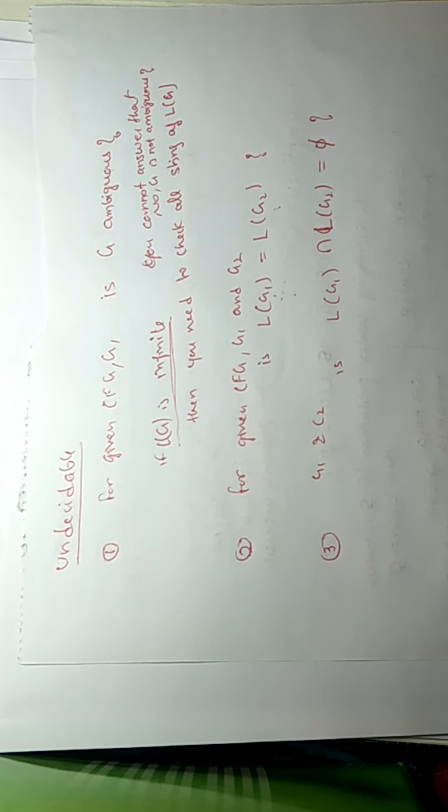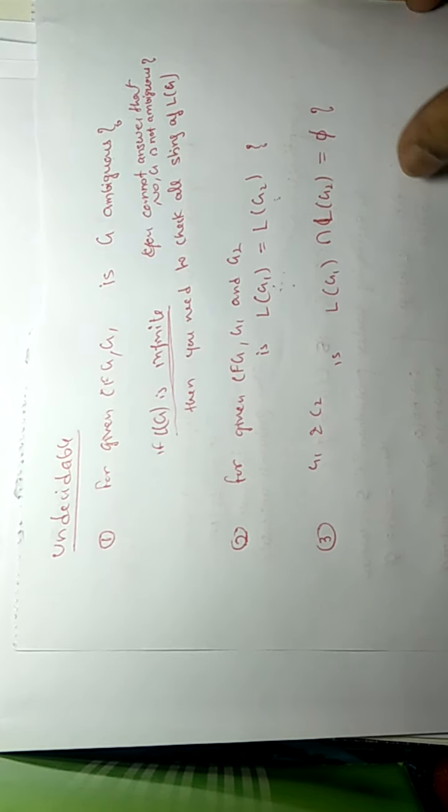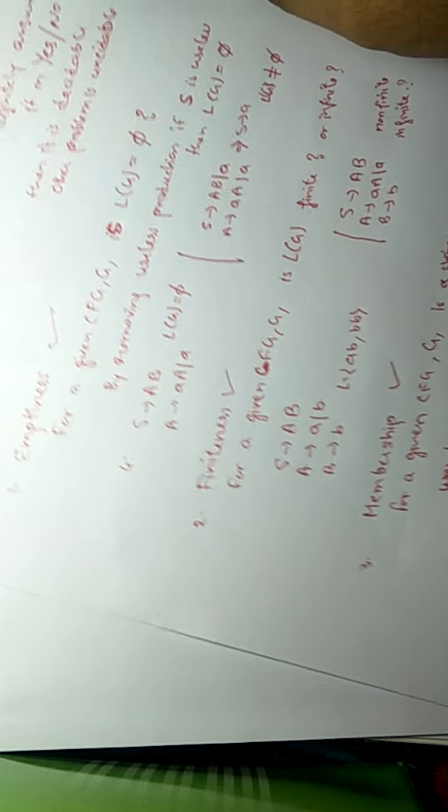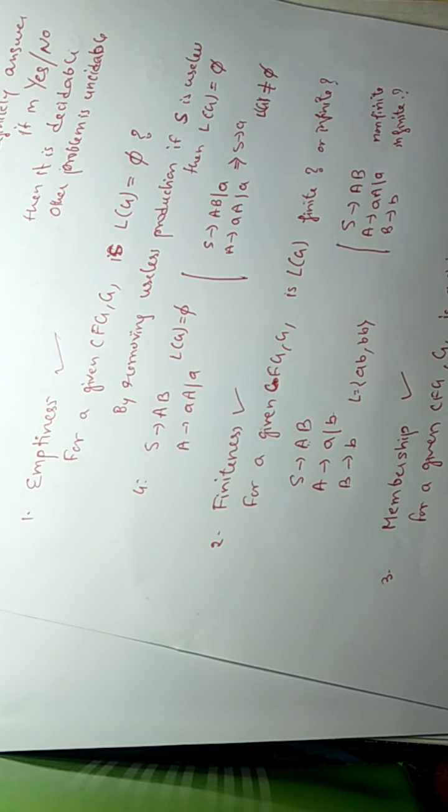This is okay for the decision properties, and if you get a question on decision properties, you have to write these three properties only. These are the decidable ones. And in the case of regular languages, similar properties are used, and these three are always important and you need to mention them.